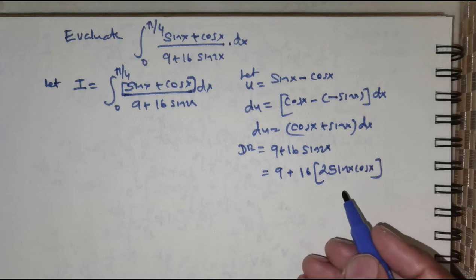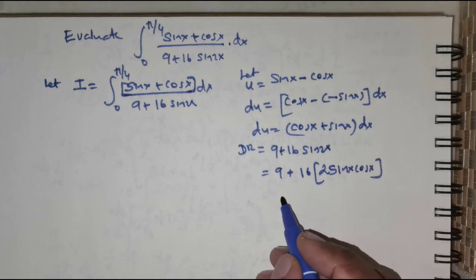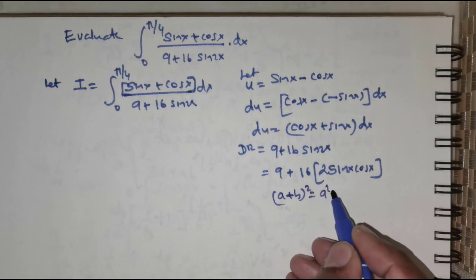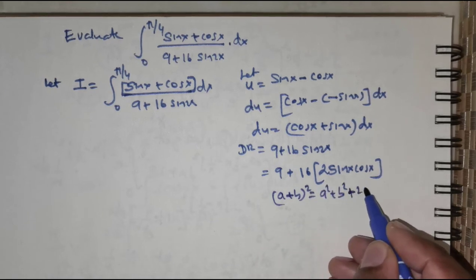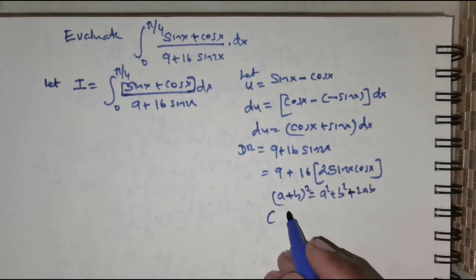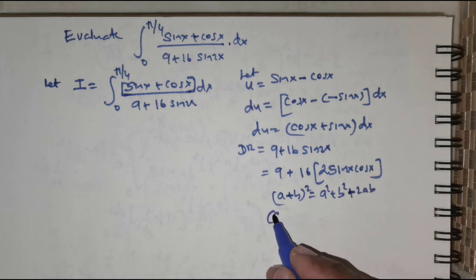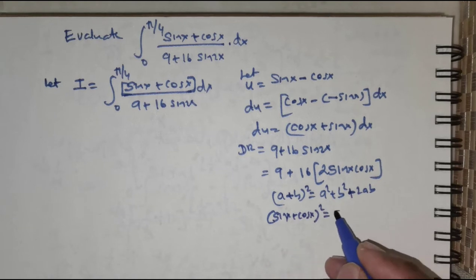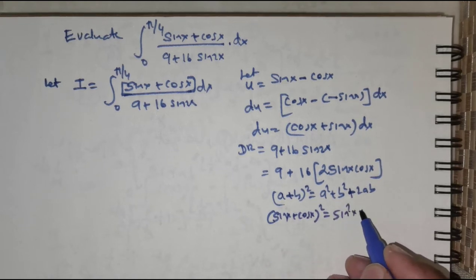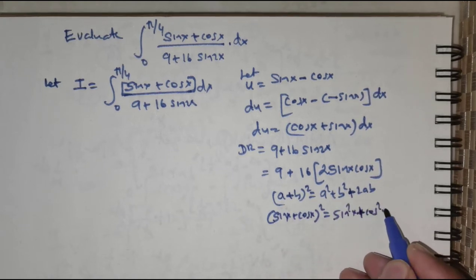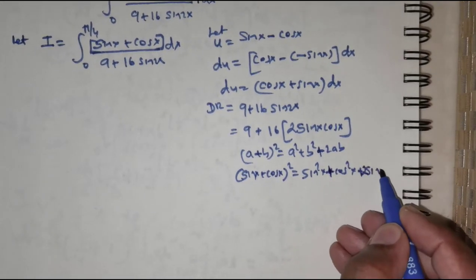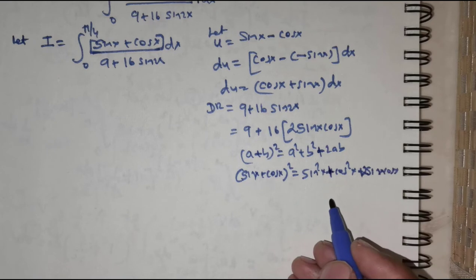Now we all know that (a + b) raised to the power of 2 is a squared + b squared + 2ab. If I were to take sin x in place of a, and cos x in place of b, and raise it to the power of 2, I would get sin squared x + cos squared x + 2 times sin x cos x.